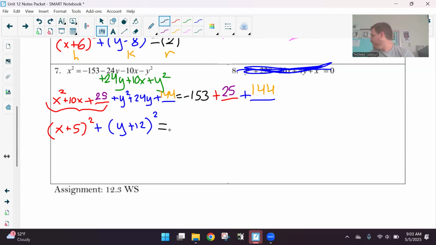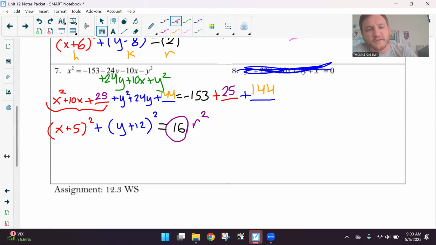I don't have a clue what that is. Watch your signs: negative 153 plus 25 plus 144 equals 16. All right, and there you go. And actually, instead of saying 16, we have to be careful. This is our r squared.